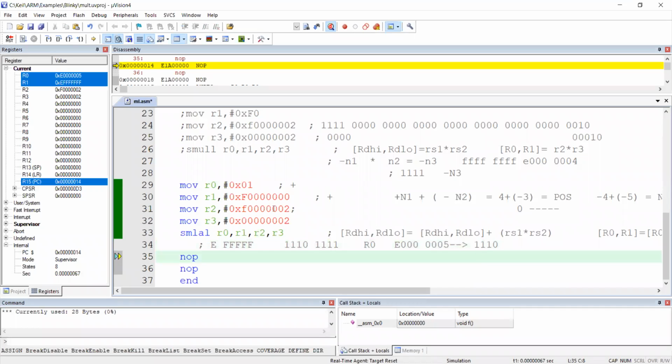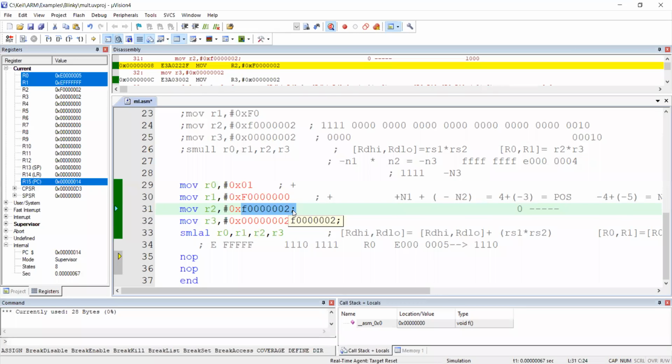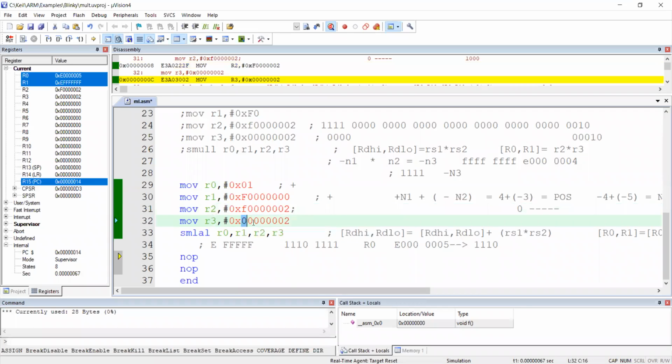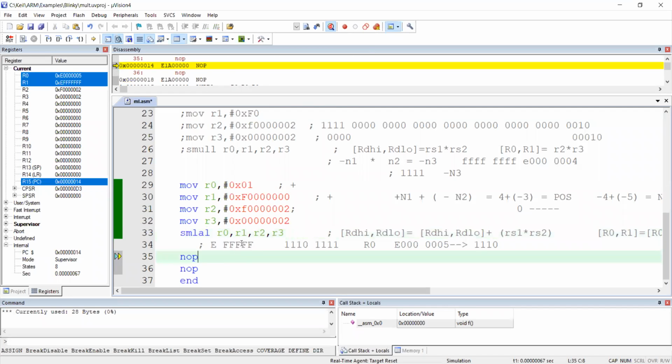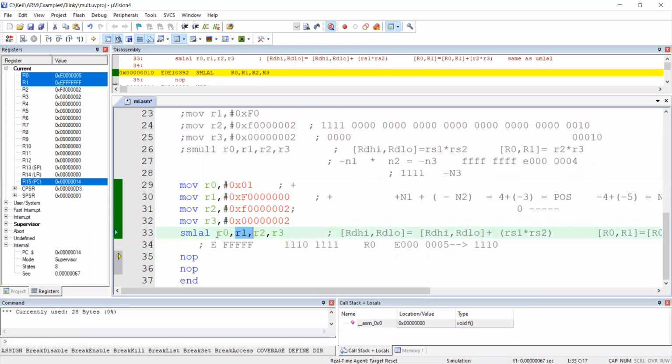So the sign is always negative. R1 is negative, R0 is also negative. If you expand R0 and R1 and check their MSB, both become 1, hence they are negative numbers.